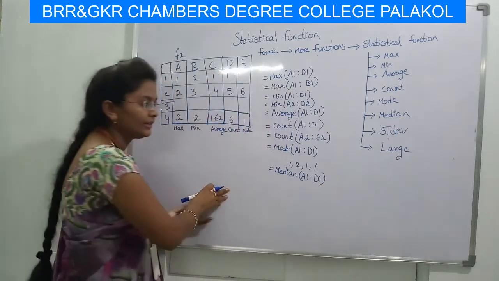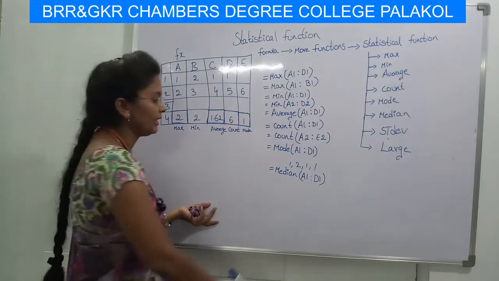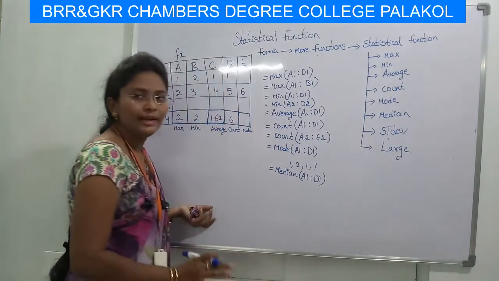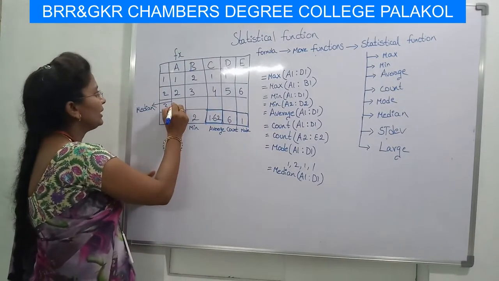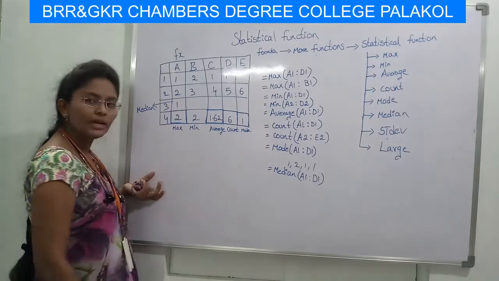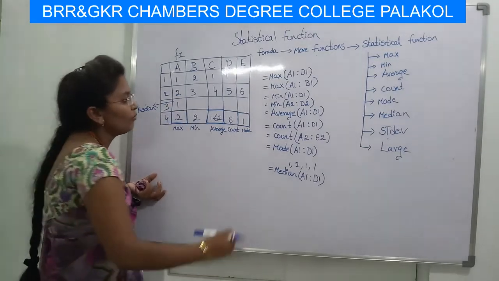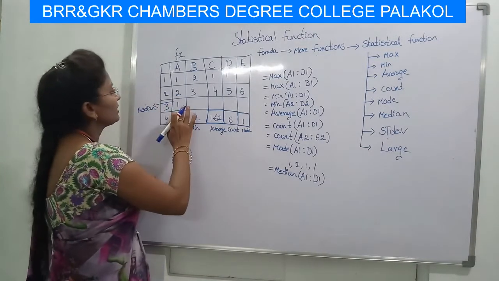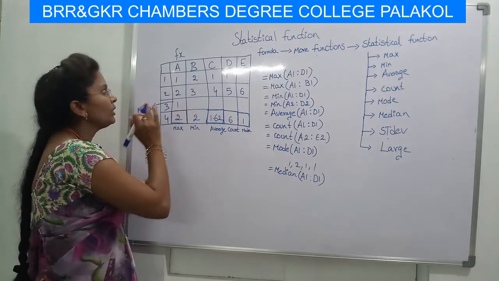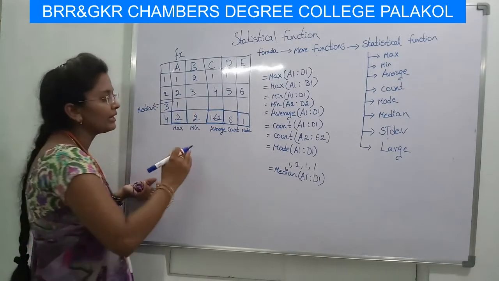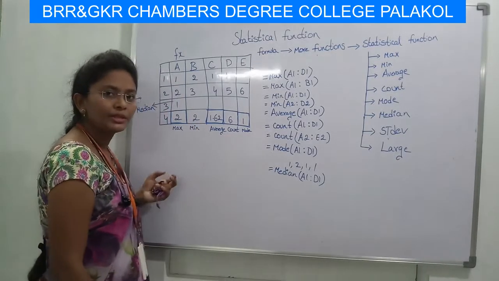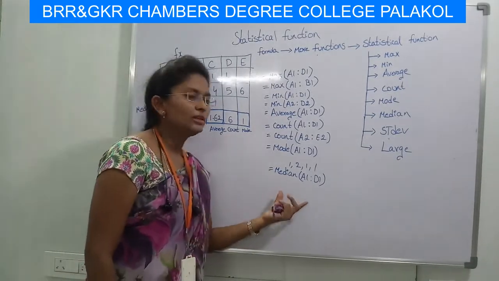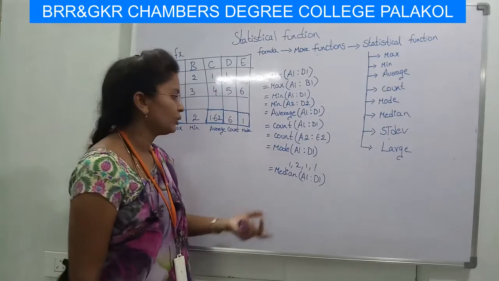After writing the formula in the Excel sheet, press the enter button. Then the answer will be displayed in the A3 cell. The answer is 1. Why it is displaying in the A3 cell is because at the start I selected the A3 cell and wrote the formula. That means the A3 cell is the active cell, and that's why the result appears in that active cell.